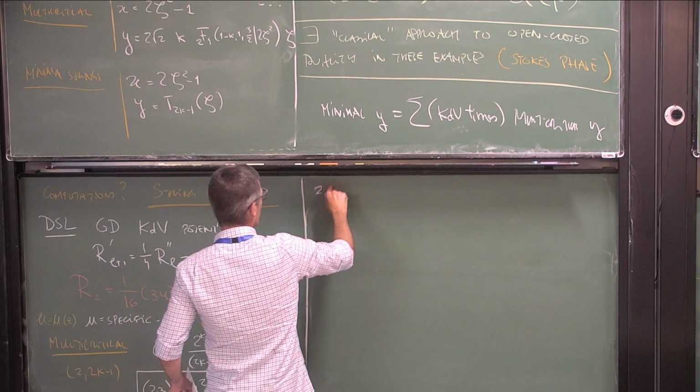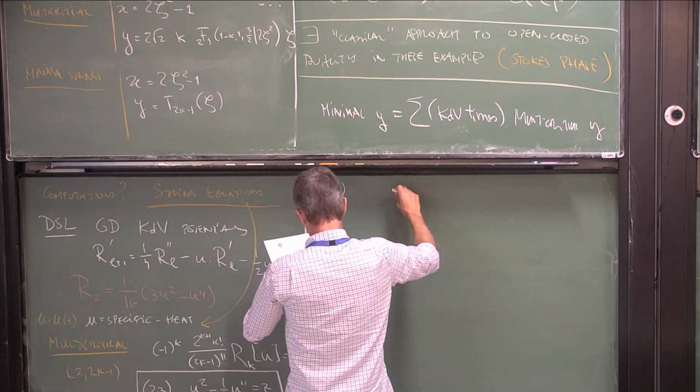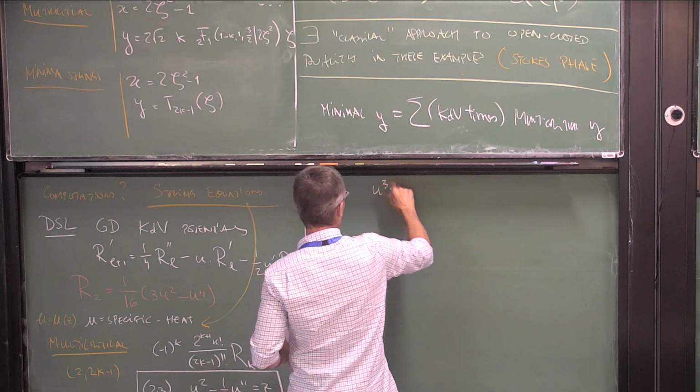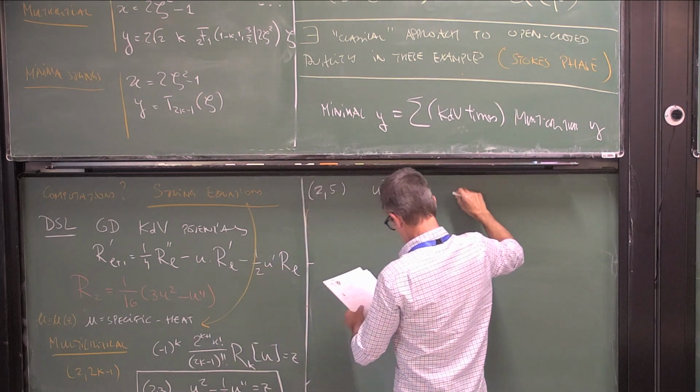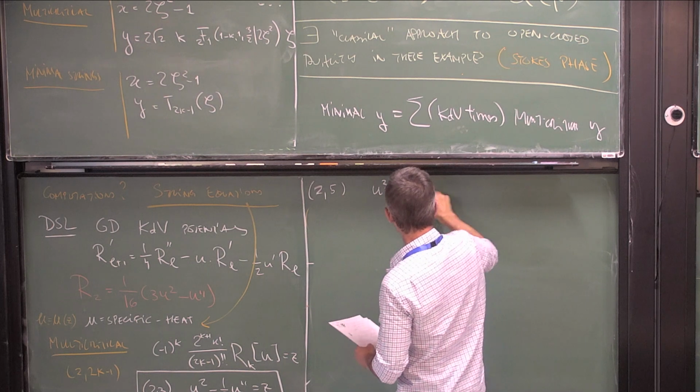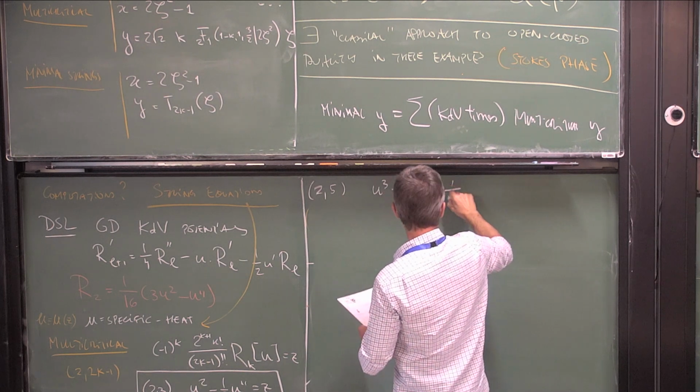You can consider 2,5, and then you would have, let me just write down the beginning and the end of the equation: minus stuff plus 1 over 10 U.